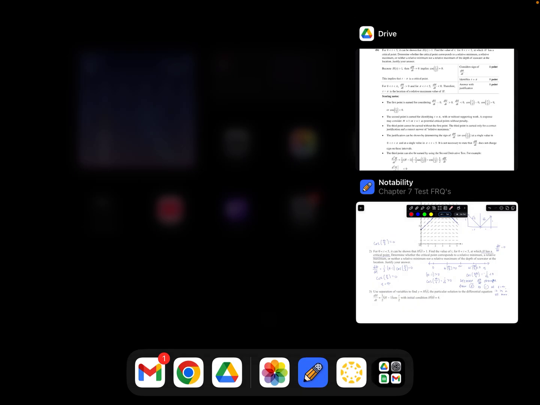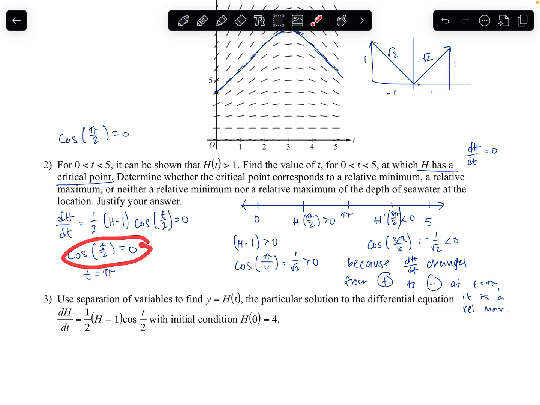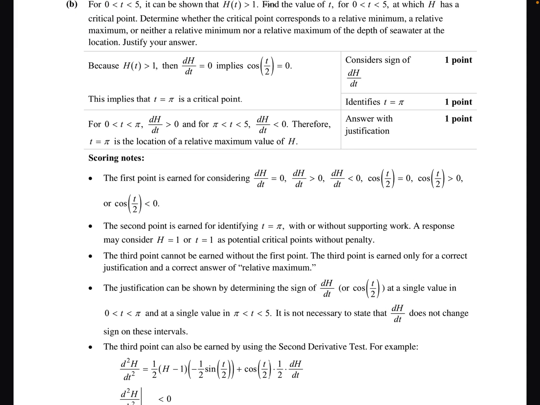Lots of options. I did pretty much this right here and that right there. Both of these would have covered that right there. So dh dt is equal to 0, or that right there, cosine of t over 2 is equal to 0. So there you go. That's how you would get that 1 point right there.